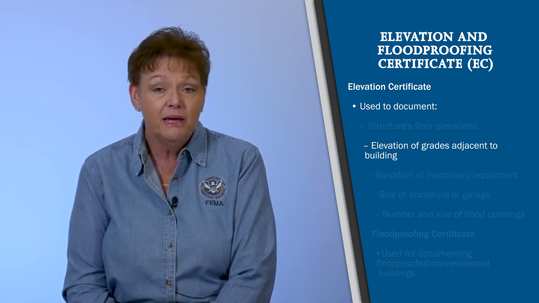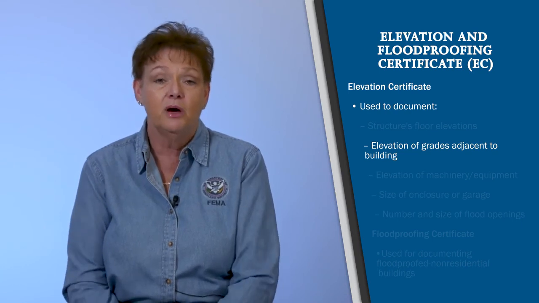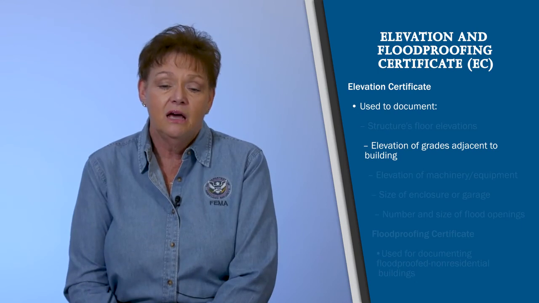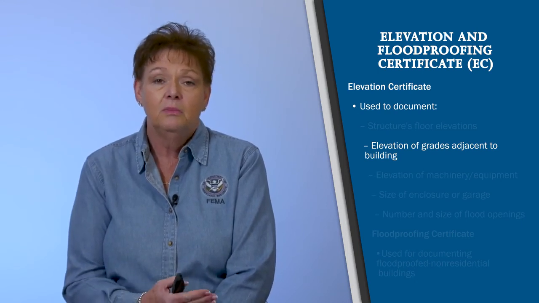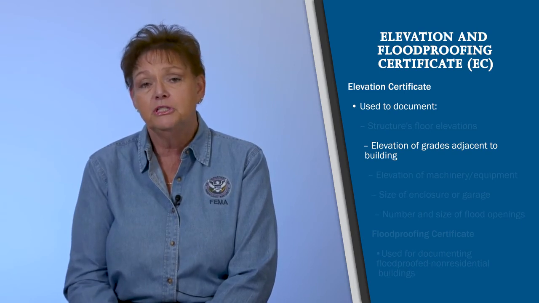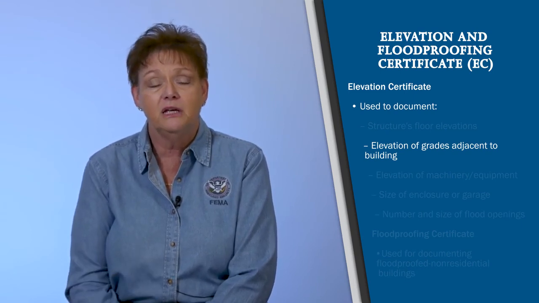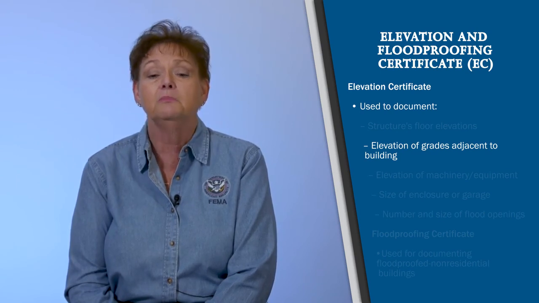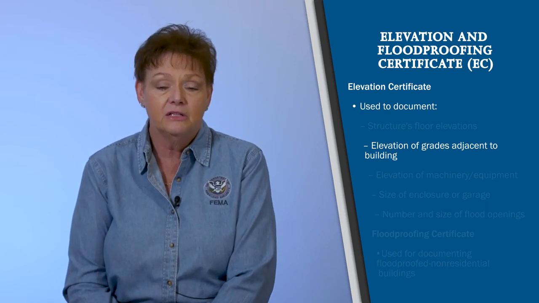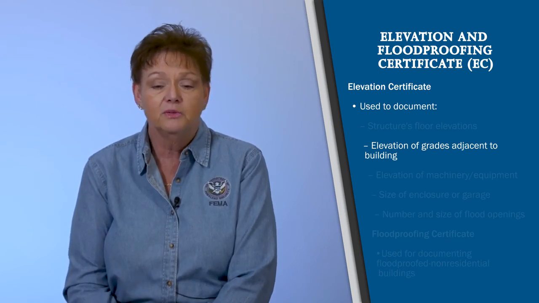Letter of map revision based on fill is where fill has been brought in to elevate a structure, and if it's elevated high enough, either for a LOMA or a letter of map revision based on fill, if the lowest adjacent grade is above the base flood elevation, they can apply for an exemption from the floodplain, and they actually come out into a B, a C, or an X zone, a low or moderate risk flood zone.